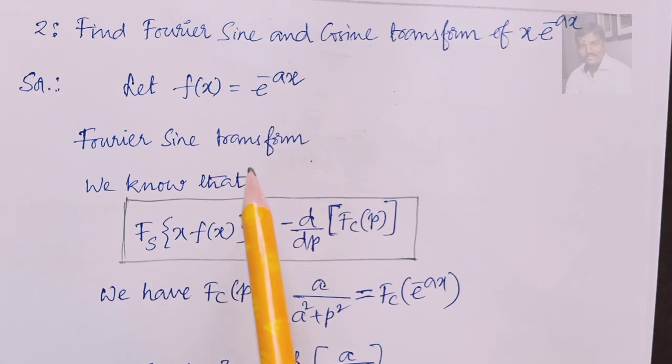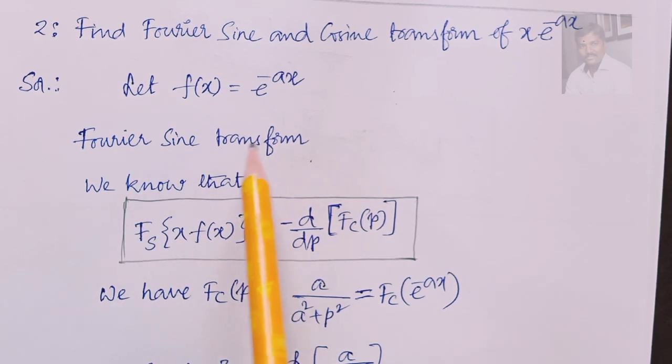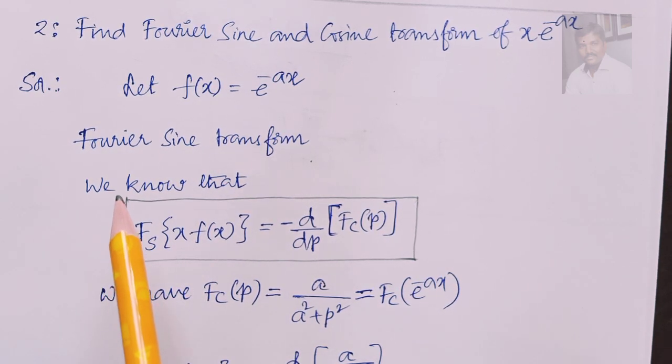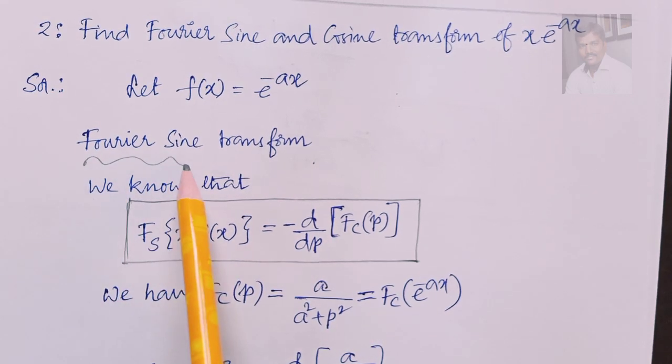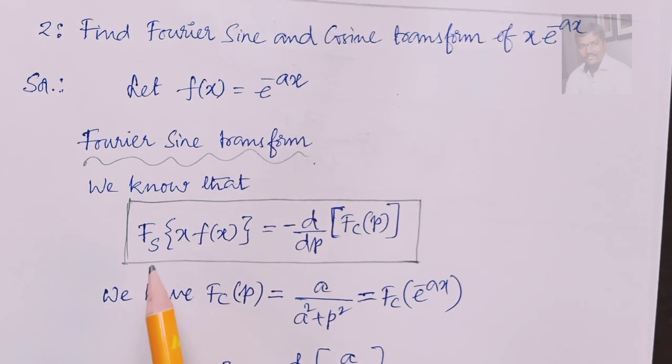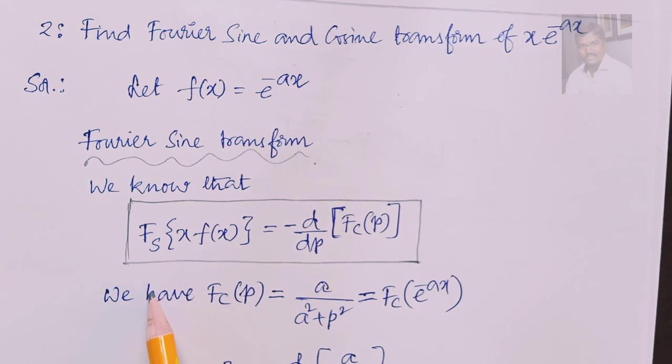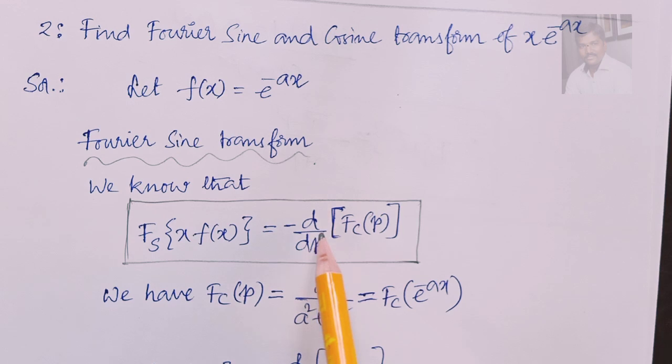Now the Fourier sine transform, you know the formula, and you can observe this one. In the properties we have discussed that Fs of x into f of x is equal to minus d by dp of fc of p.